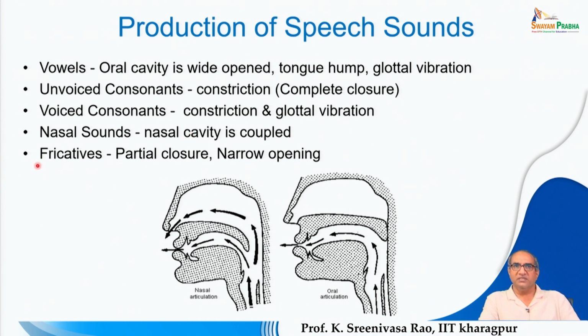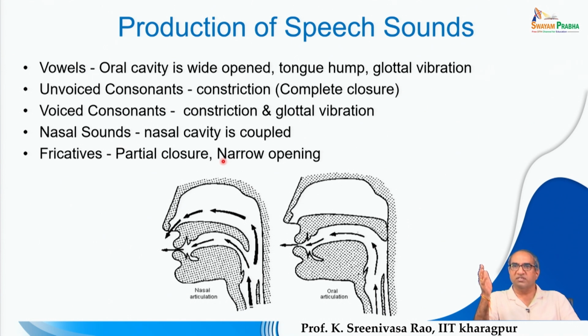And then there are other sounds known as fricatives. It's a broader category, and the fricatives are produced by the excitation due to a narrow opening or a partial closure. As I mentioned, the unvoiced excitation is due to complete closure, completely blocking the vocal tract at different places, and the sudden release of that acts as excitation.